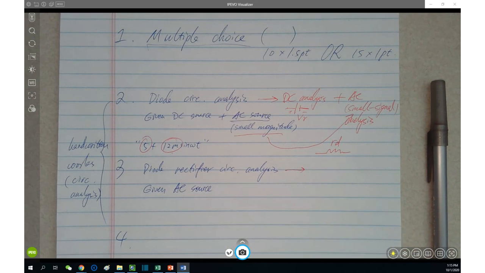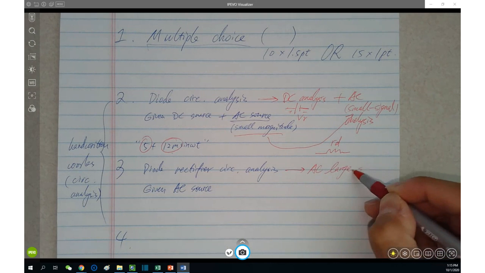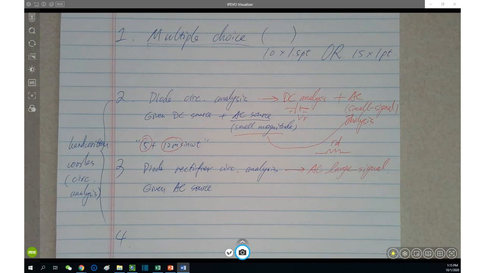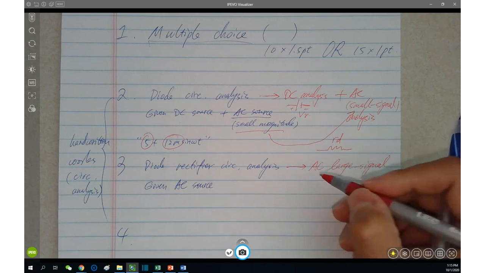However, this AC source is a large signal. What is the AC large signal model for the diode? Same as the DC model. Exactly. Kevin is right. It's the same as the DC model.